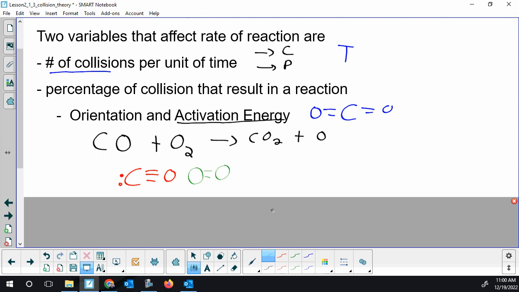Temperature relates to how much kinetic energy something has. If something is hotter, it's moving faster, it has more kinetic energy. If it's colder, it's going to have less thermal energy, less energy of motion. It's going to be going slower. That speed ties into our collisions.